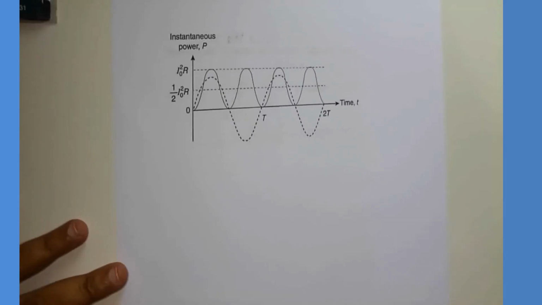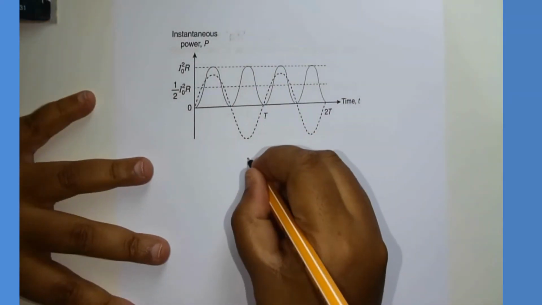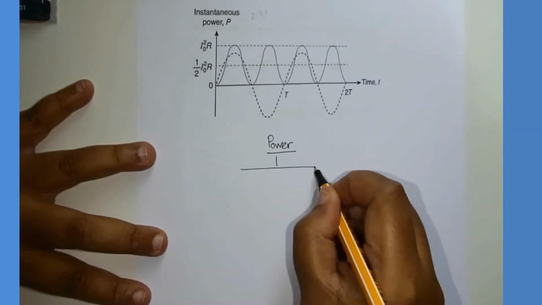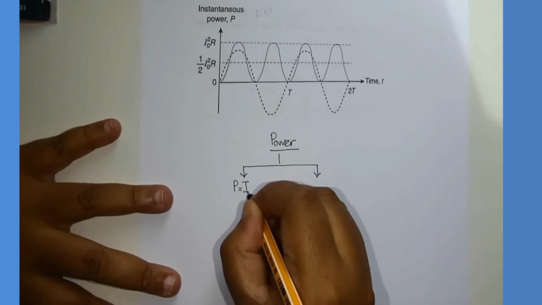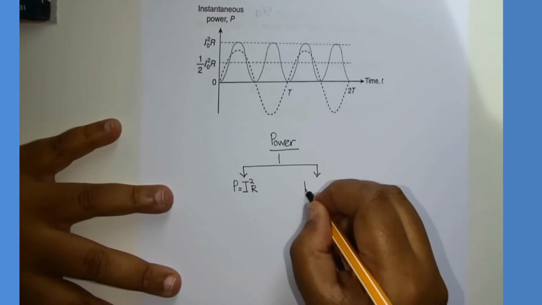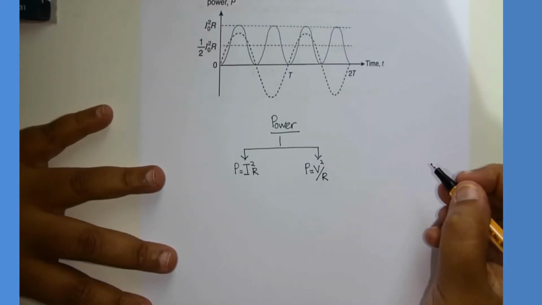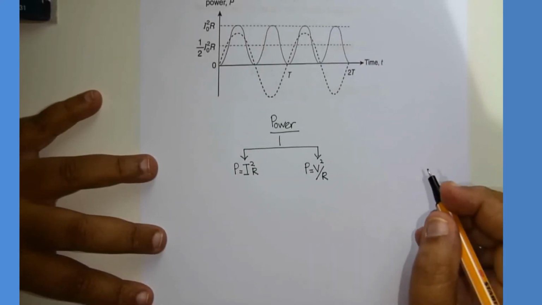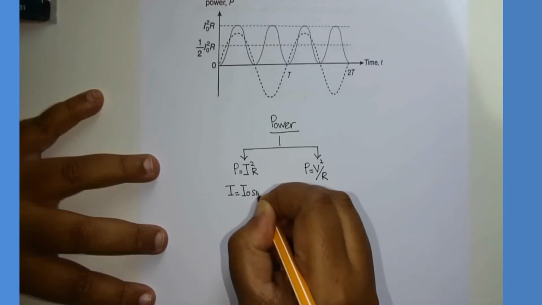At the next quantity, which is power. First thing, power dissipated from the resistor. We can use two formulas. One is P equals I square R, and the next is P equals V square over R. Now we know from our lesson just now that I equals I naught sine omega t.